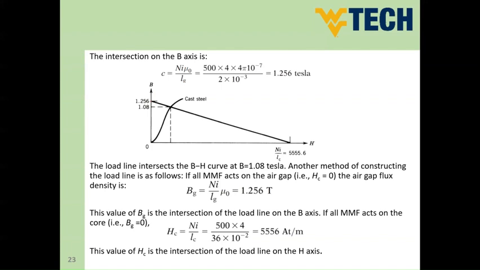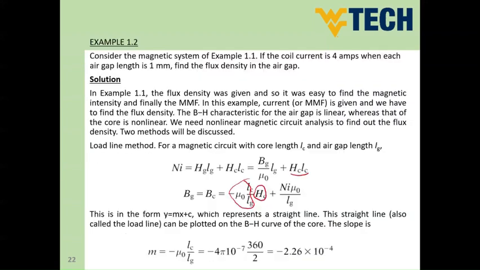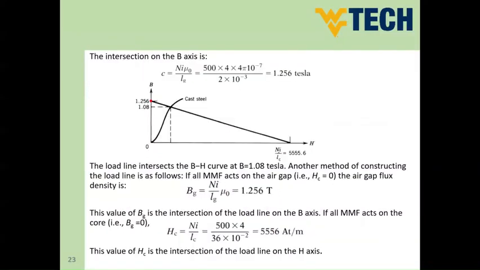The point here, and also, since you have the slope of the line, you can get the value of H at B equals 0. So if we go back to the relation here again, substitute at B equals 0 and get the value of H. If you do that, you will get H equal to Ni divided by Lc, and this is the number. So this is the other point of intersection.